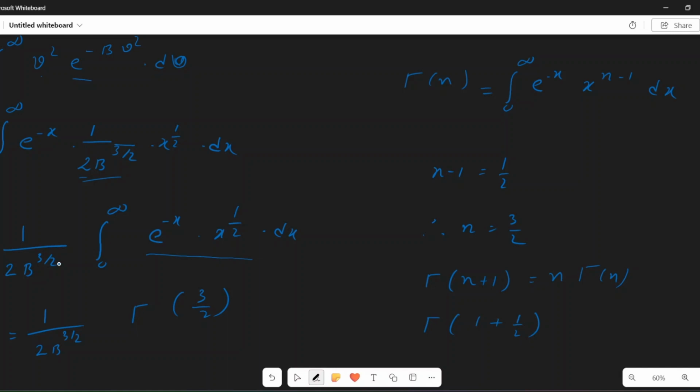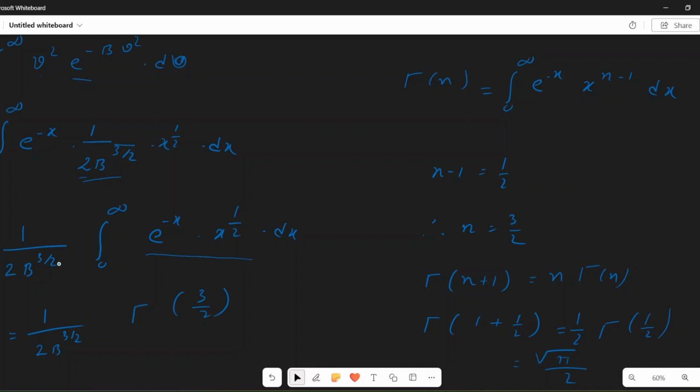The value of n is now half, so that can be written as 1 by 2 gamma of 1 by 2. The value of gamma of 1 by 2 is root pi, so that is root pi by 2.